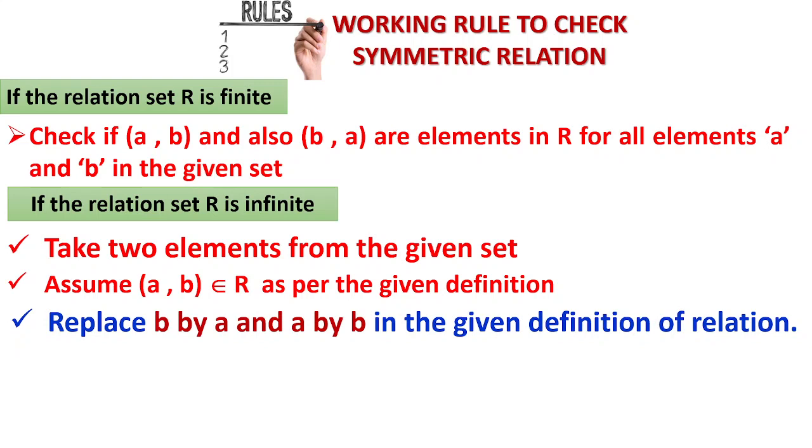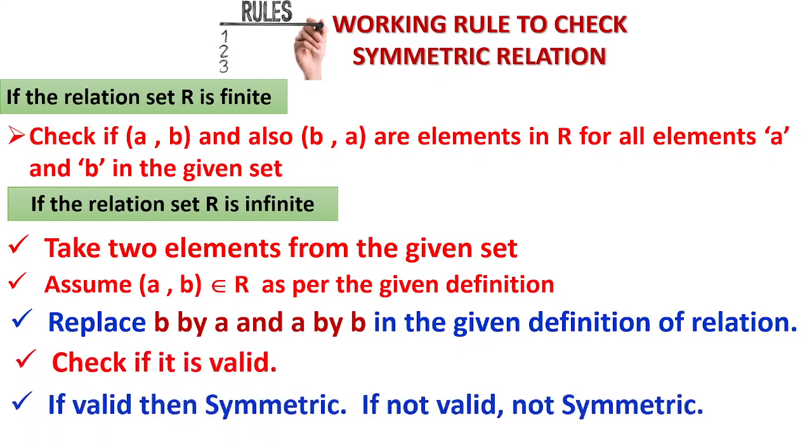That is, just interchange their places, and check whether the given definition is valid. If it is valid, then it is symmetric. Not valid, not symmetric. This is the rule to check for finite sets and for infinite sets.